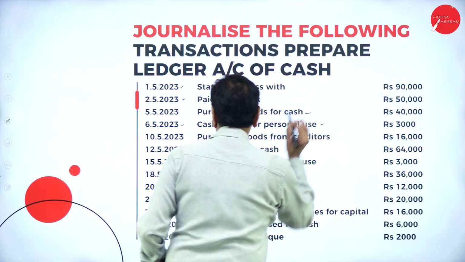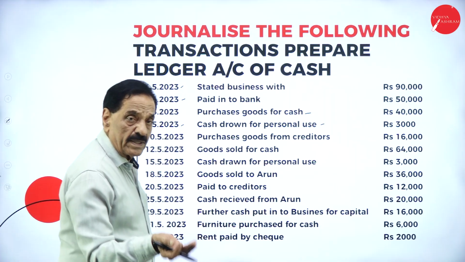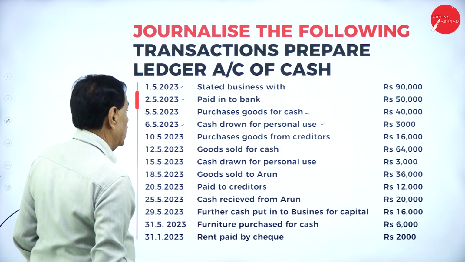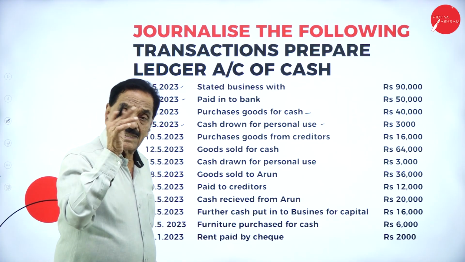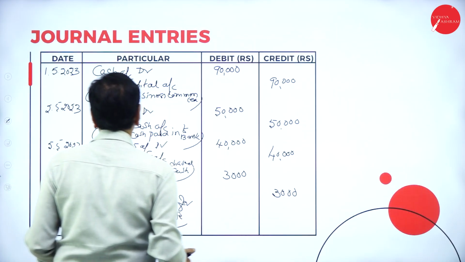So this is over. 10/5, purchase goods from creditor. What is coming in? Goods. From whom? Creditor. Creditor is a personal account. Debit the receiver, credit the giver. On which day? 10/5.